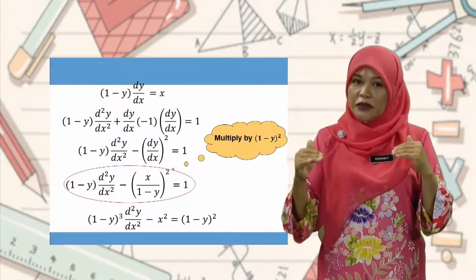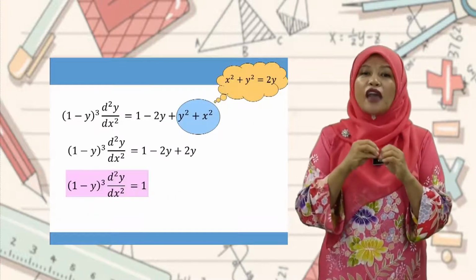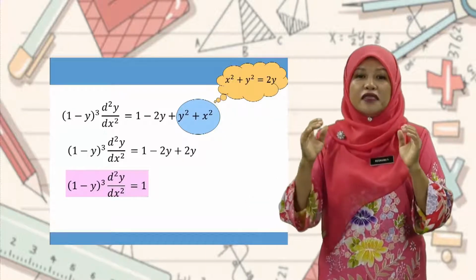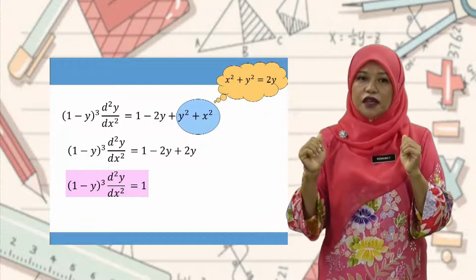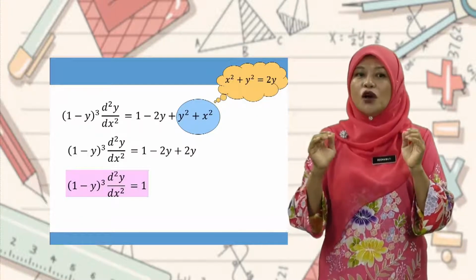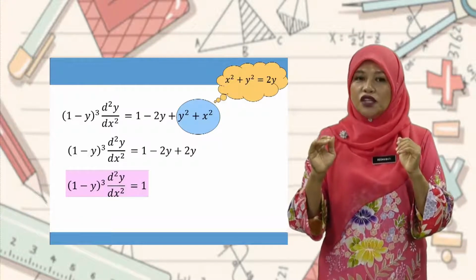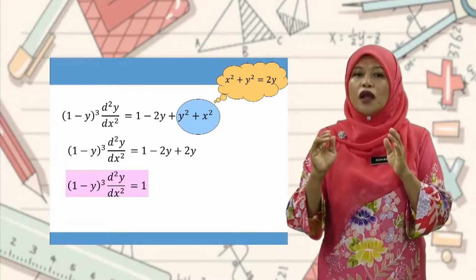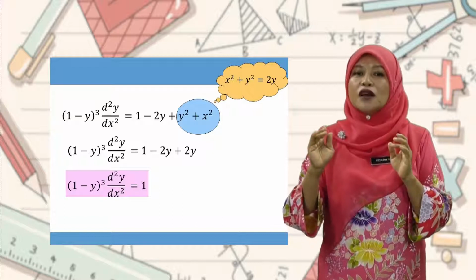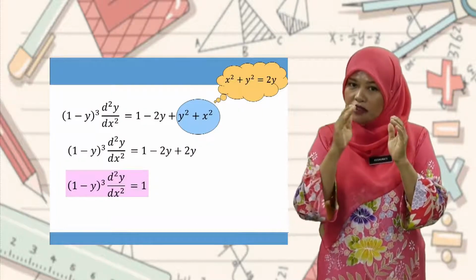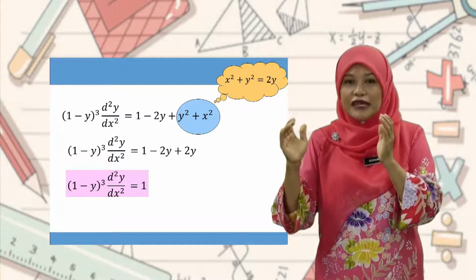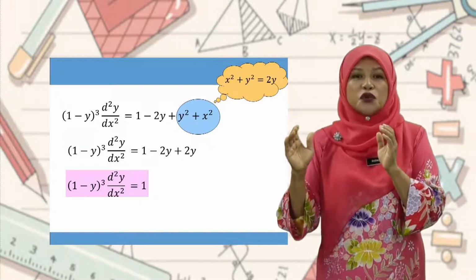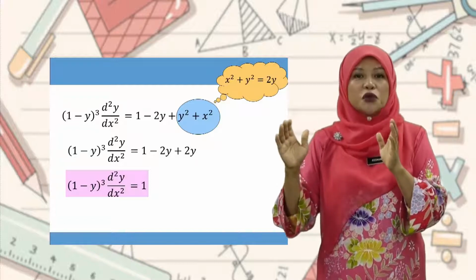Okay, after we multiply, I bring the x squared to the right and I expand the bracket squared. Okay, so I will have (1 minus y) cubed d2y/dx squared equal to 1 minus 2y plus y squared. Okay, the first three terms on the right side come from the expansion of the bracket (1 minus y) squared.